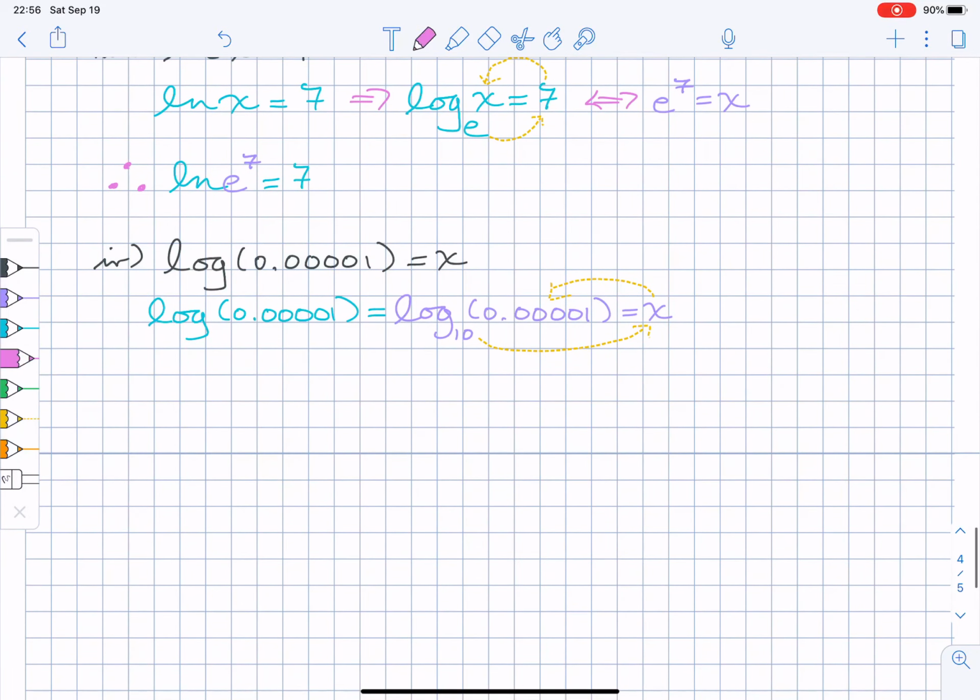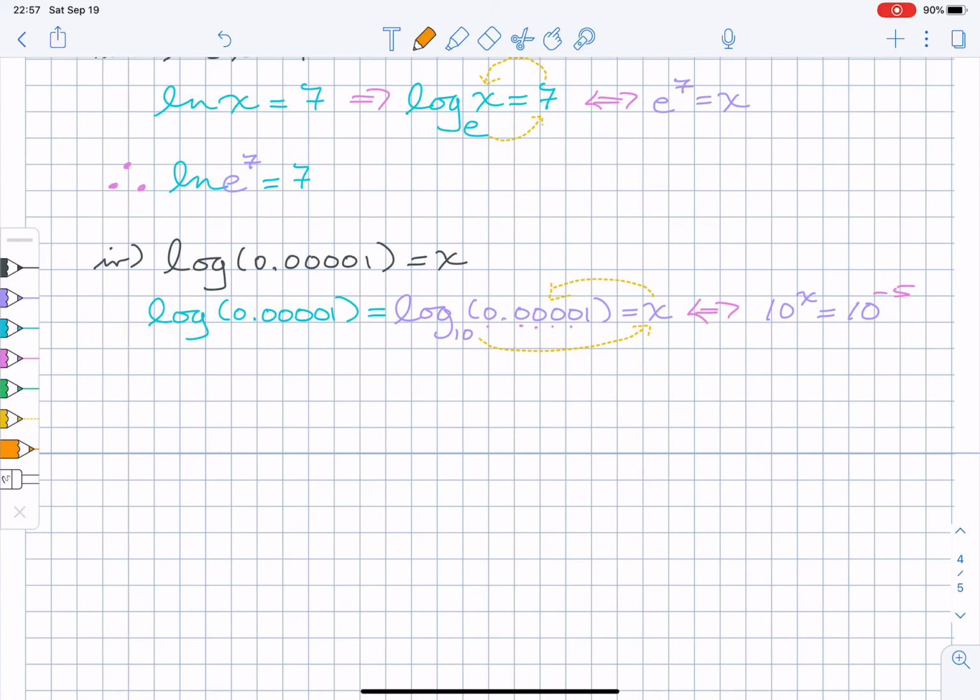So this gives me 10 to the x is equal to 10 to the, well, this is a decimal, so it'll be negative. How many zeros precede the 1? 5. 1, 2, 3, 4, 5. And we always count the 0 preceding the decimal.